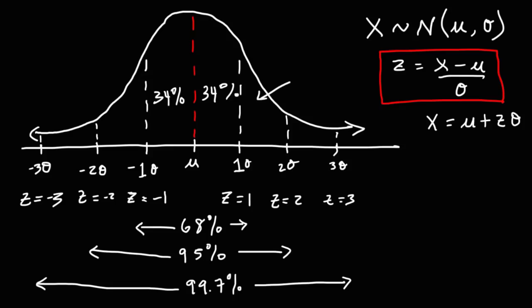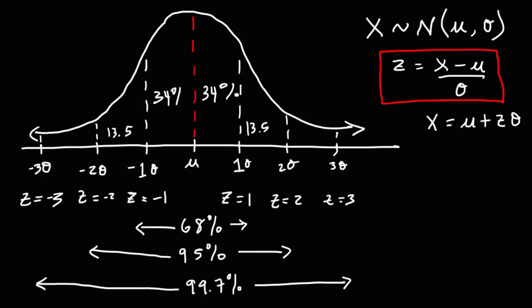Now, what is the area in terms of a percent for those two regions? To get that answer, you need to subtract these two numbers. 95 minus 68, that's going to give us 27. And then if you divide that by 2, you're going to get 13.5.